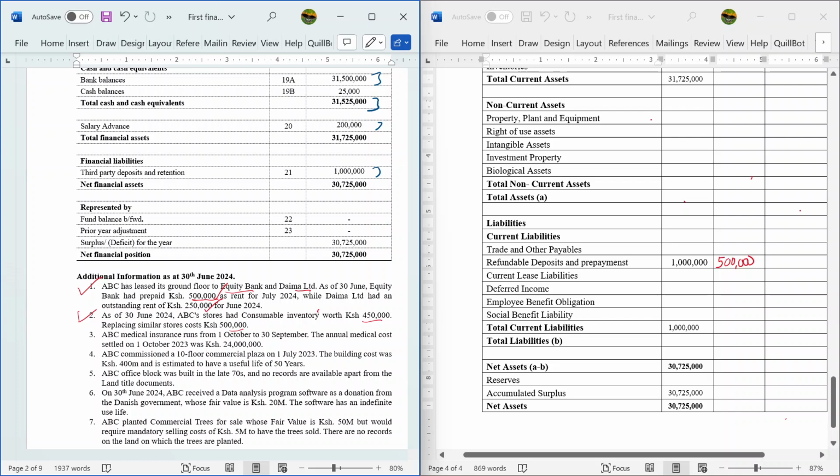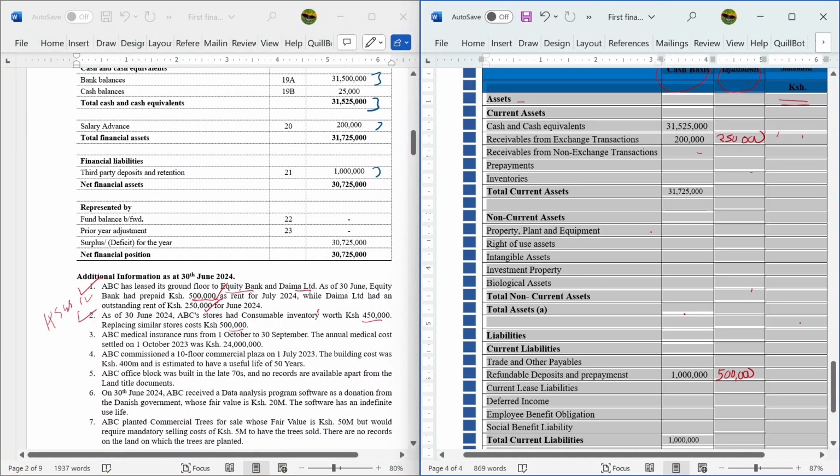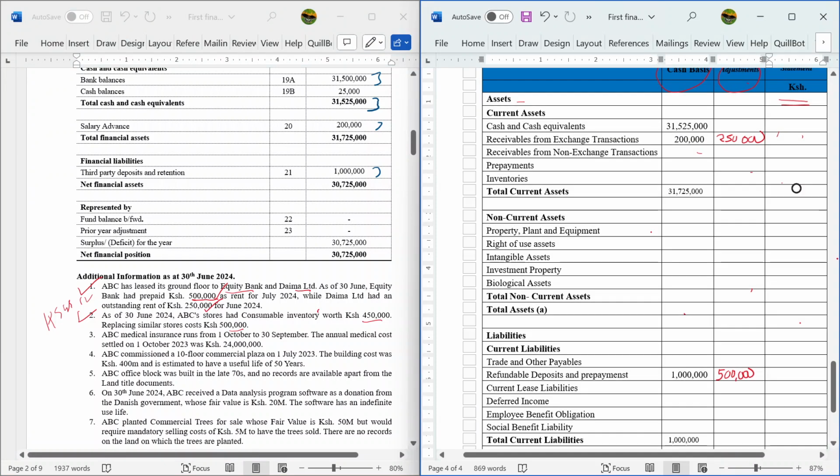Inventories are covered under IPSAS 12, and they are measured at the lower of cost or net realizable value. So that is 450,000. We are done with number 2.